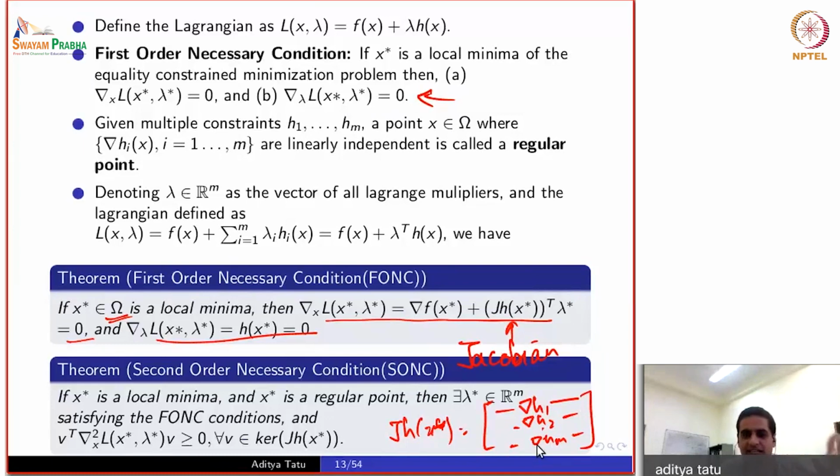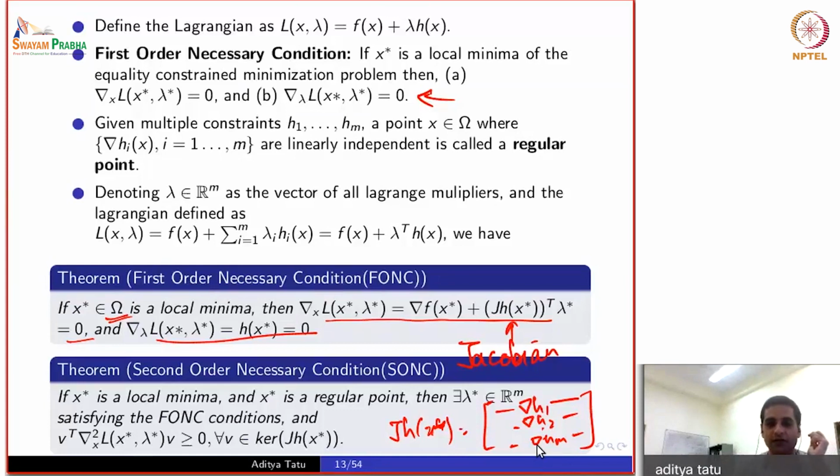Okay, and this is just a first order condition. I think somebody had raised the point whether x cubed at 0 is a minima or not. Just by looking at the first order condition, we cannot guarantee that it's going to be a minima. But of course, if it is a local minima, then the first order necessary conditions are going to be satisfied. So we need to also look at the second order conditions, which means we are looking at second order derivatives.